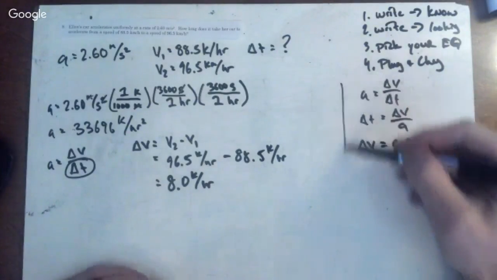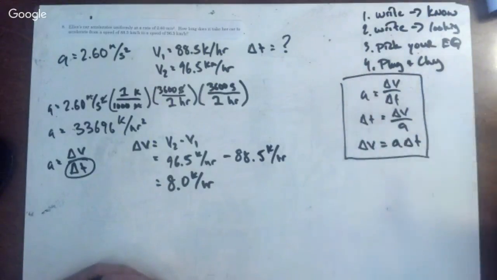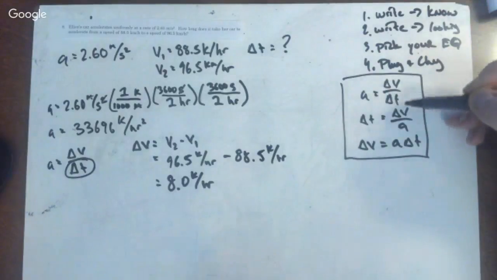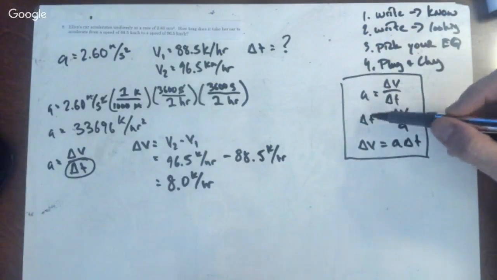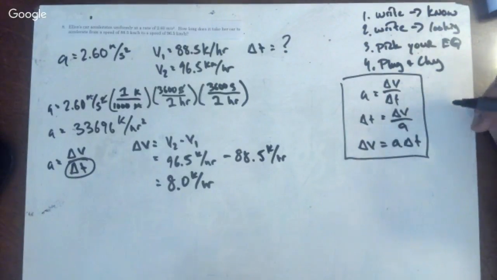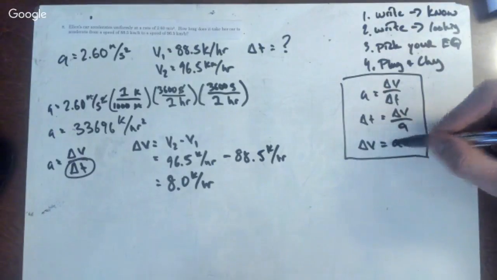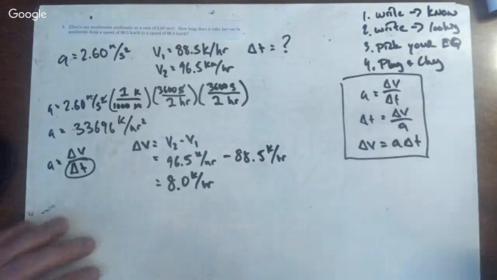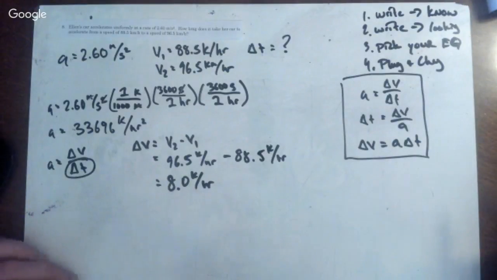A equals a change in velocity over a change in time. T equals a change in velocity over acceleration, or a change in velocity equals acceleration multiplied by our change in time. All those work out the exact same way, but they just look a little different.